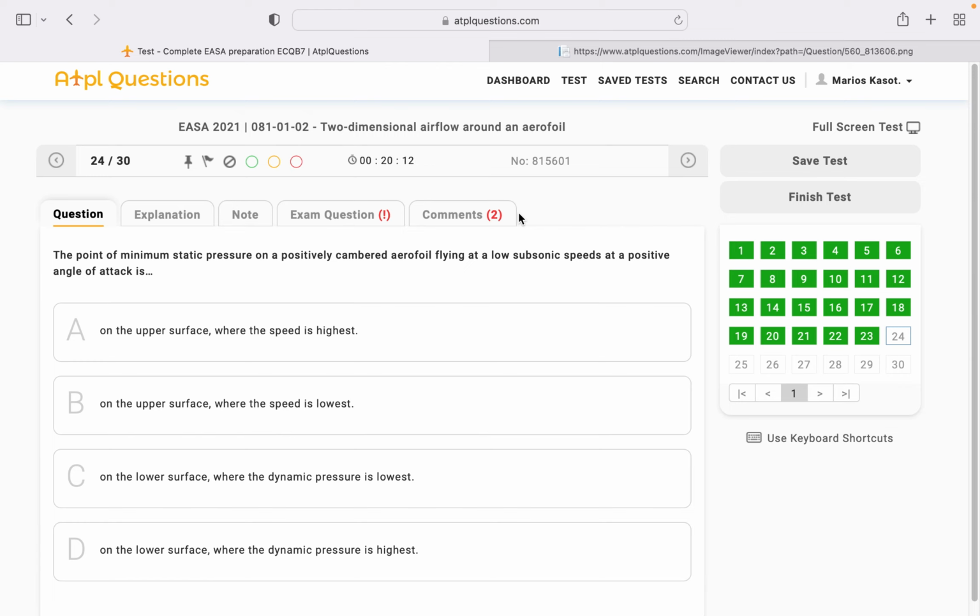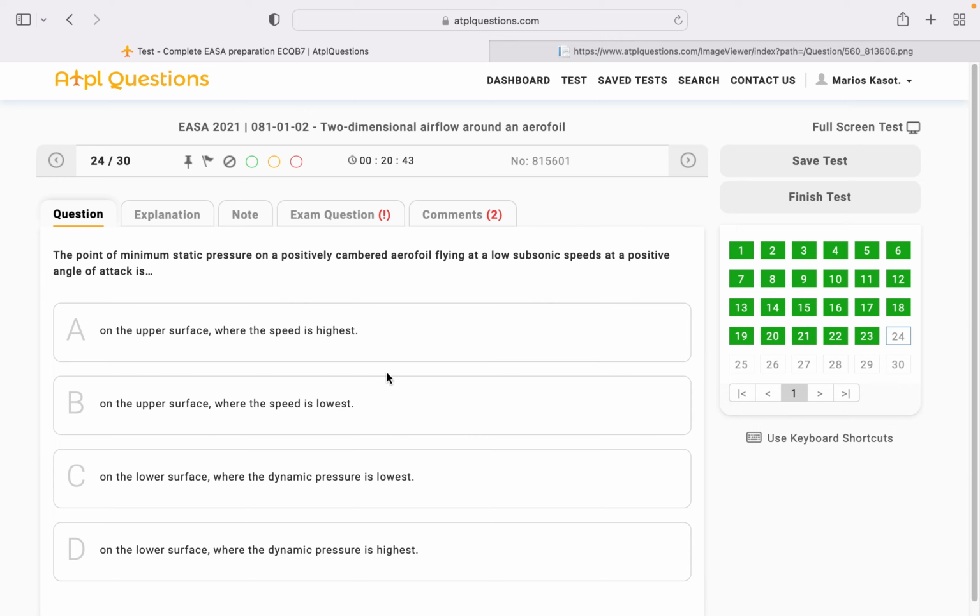The point of minimum static pressure on a positively cambered airfoil flying at low subsonic speeds at a positive angle of attack is on the upper surface where the speed is the highest. Sounds perfect. On the upper surface where the speed is the lowest. Of course not. On the lower surface where the dynamic pressure is lowest, or on the lower surface where the dynamic pressure is highest.